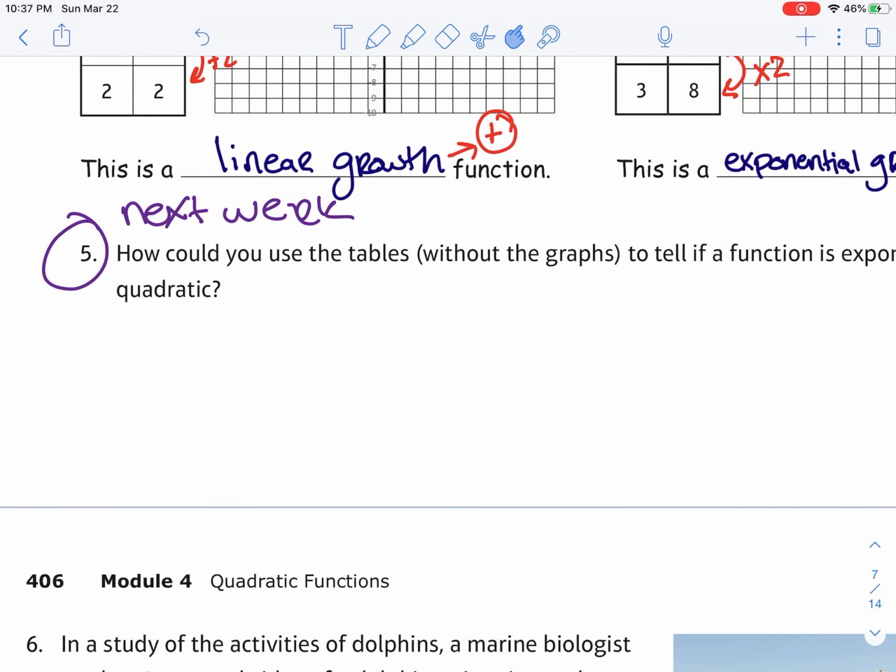So what I would like you to do here is exponential is a multiply divide pattern where the multiply is growth and the divide is decay.